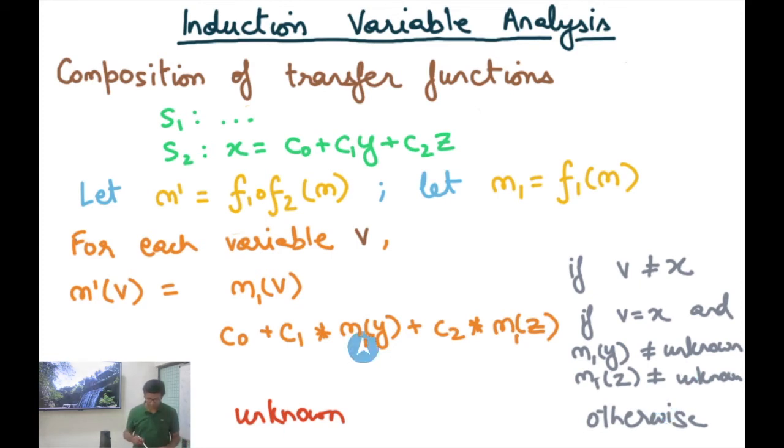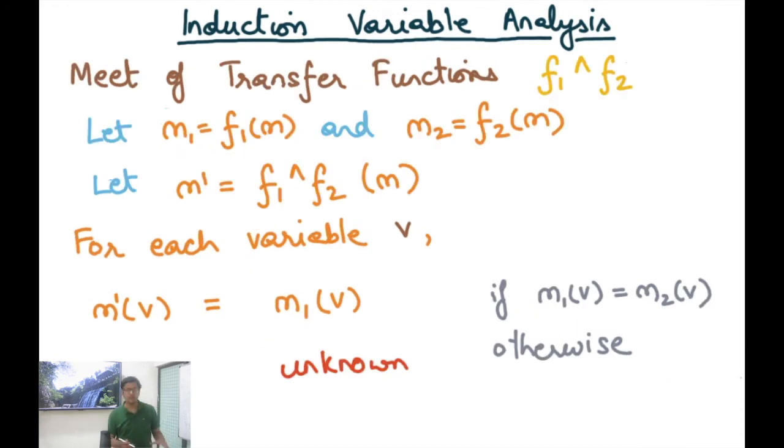And we can now substitute for m1 similarly, whatever f1 has in, we can substitute m1v in terms of f1 and m, just like that. And this is just the composition as we already know it.